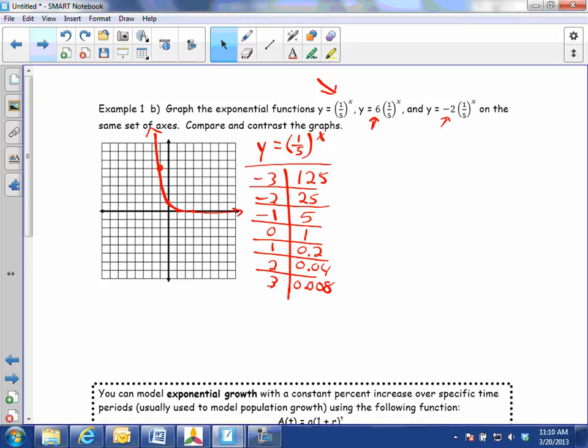I just know it's going to start way up here and come down. So Caleb, all I did was this one's way off our graph, this one's way off our graph, so I started with this one. -1, 1, 2, 3, 4, 5, and I know it's coming from way up there.